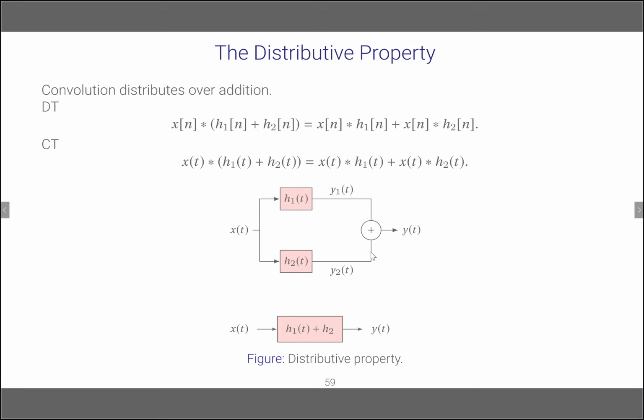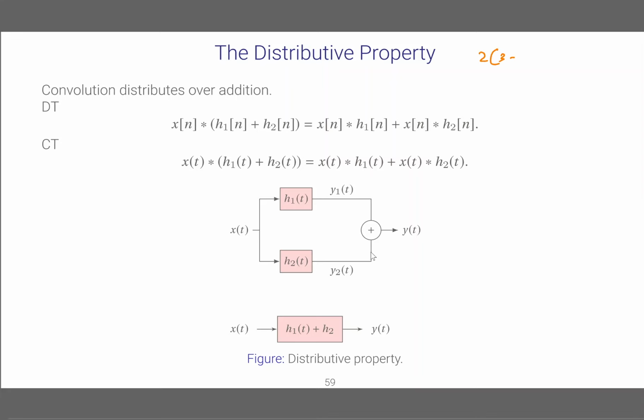Then the distributive property. Now for integers, this is like 2 times the quantity 3 plus 5, which is equal to 2 times 3 plus 2 times 5, as you know. So x[n] convolved with h1[n] plus h2[n] is equal to x[n] convolved with h1[n] plus x[n] convolved with h2[n]. A similar relationship holds for continuous time.